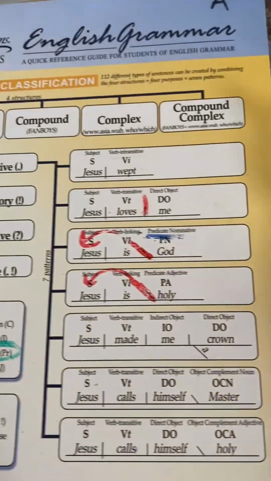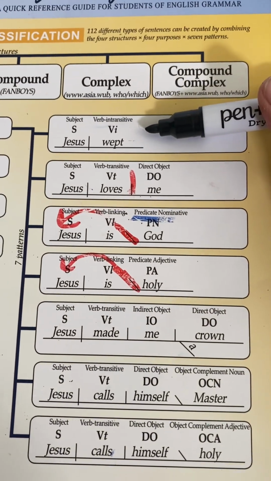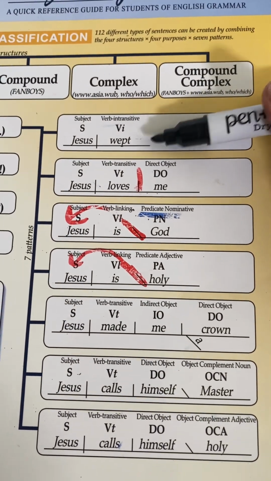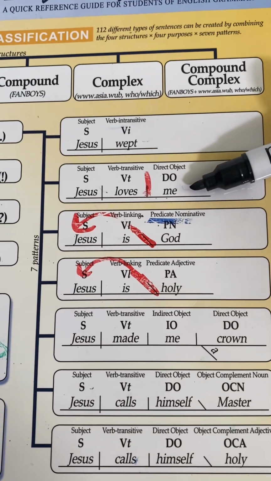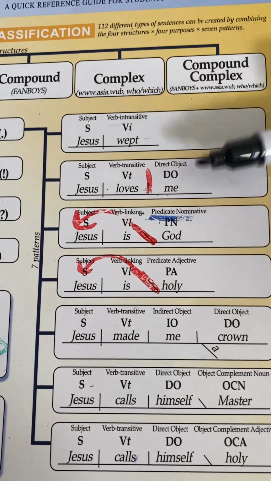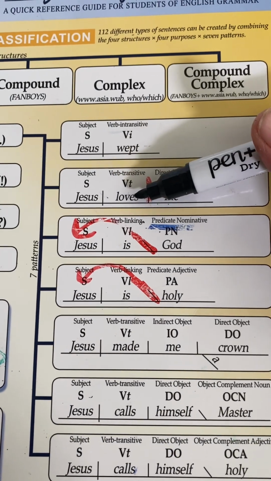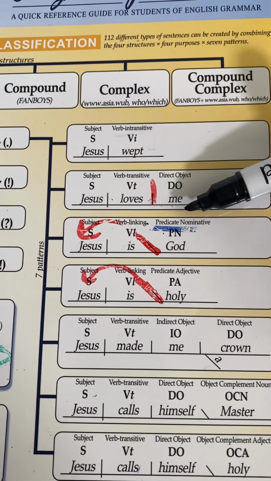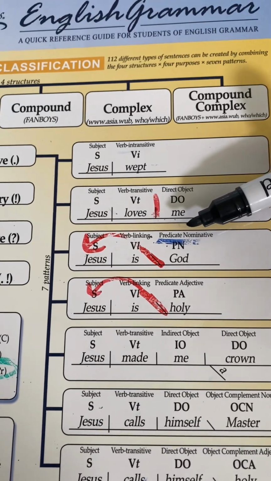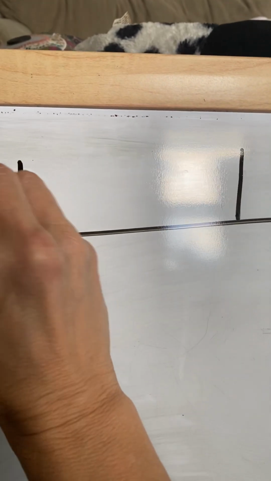Remember, here we have our SVI, a verb intransitive, with no direct object transferring the action. This one is Jesus loves me. Loves is a transitive verb, and it is transferring action to the direct object, me. So this is what we have, a SVTDO.